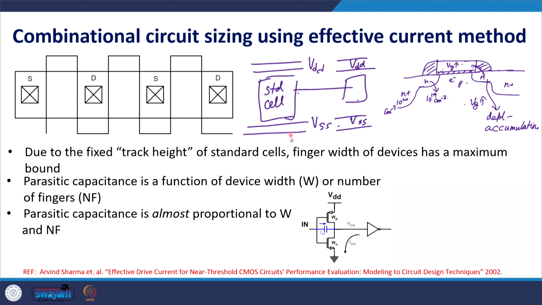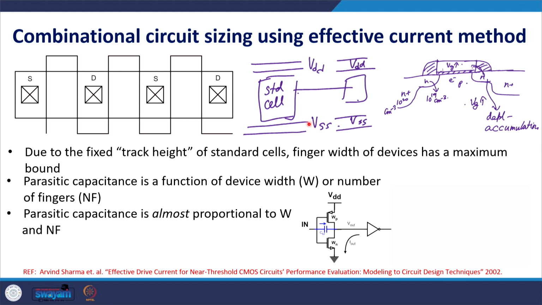Because you need to abut and merge these, you need to maintain a certain distance between VDD and VSS that cannot be changed, and this is determined by the track height of the standard cell. Track height determines the maximum height that the standard cell can have, and typically the VDD and VSS lines are at the top and bottom edges of the standard cell.